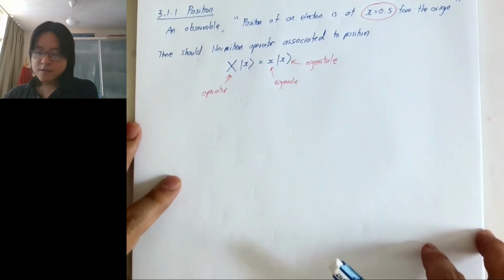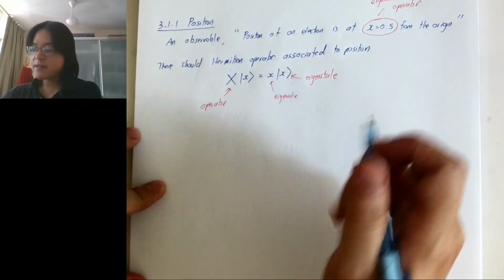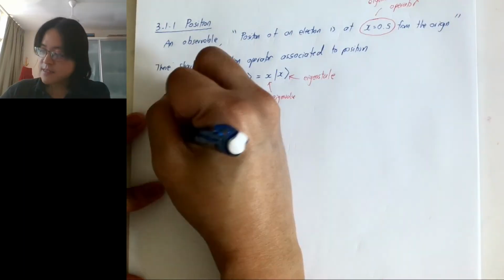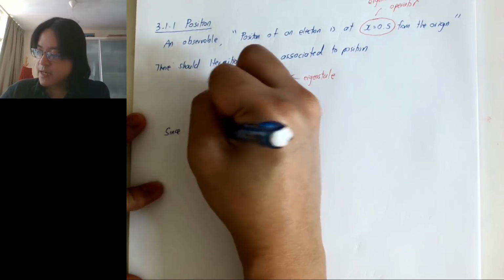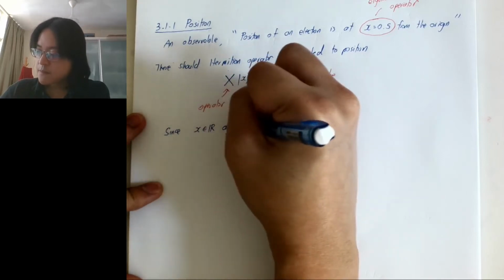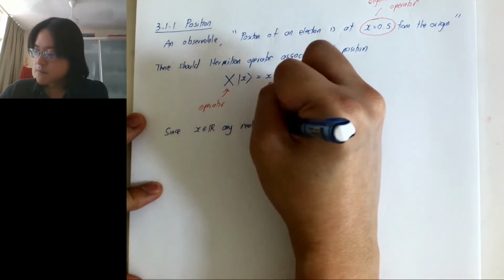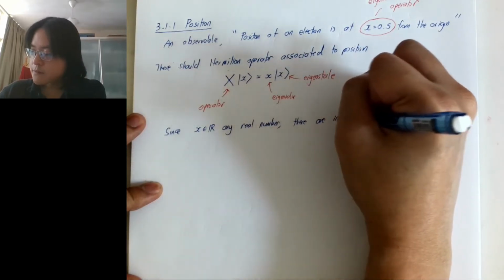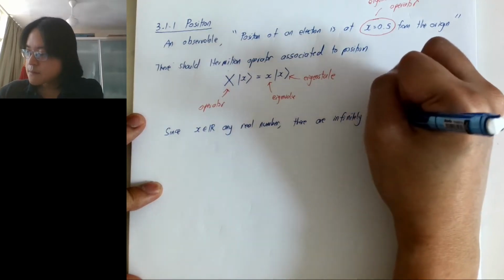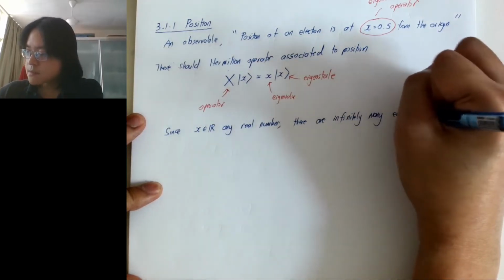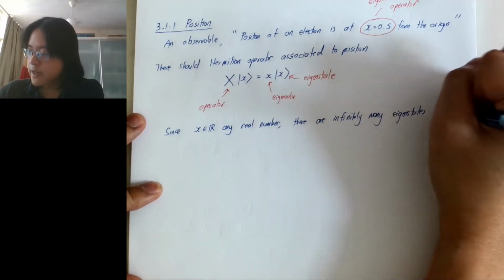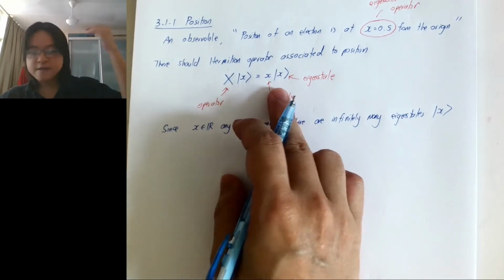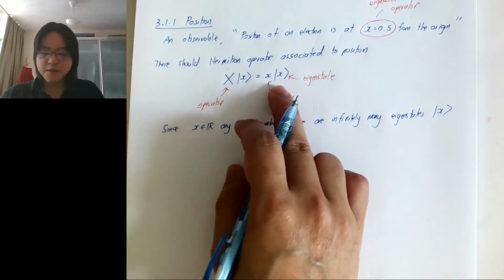And of course, like I said, there are infinitely many possible eigenstates, because x can be any real number: 0.1, 0.001, negative numbers, all the way.